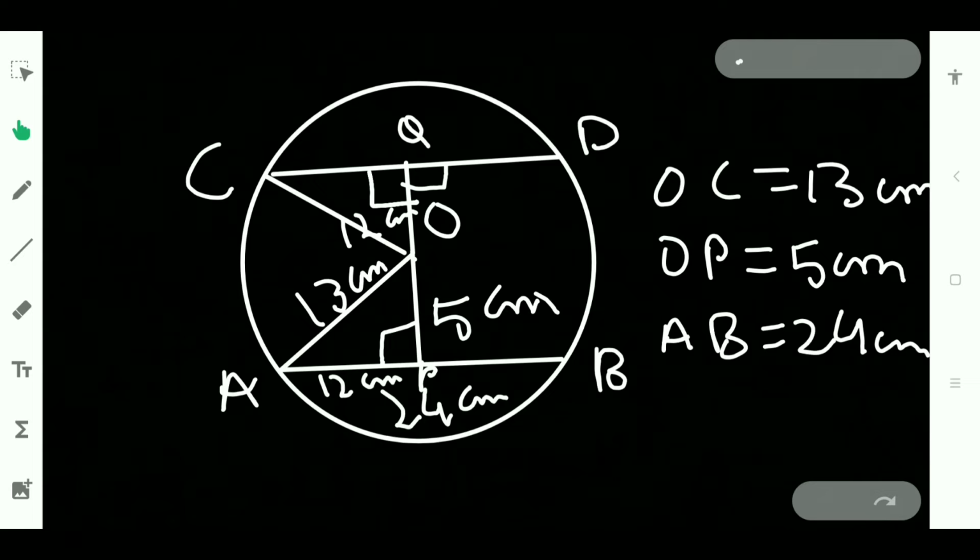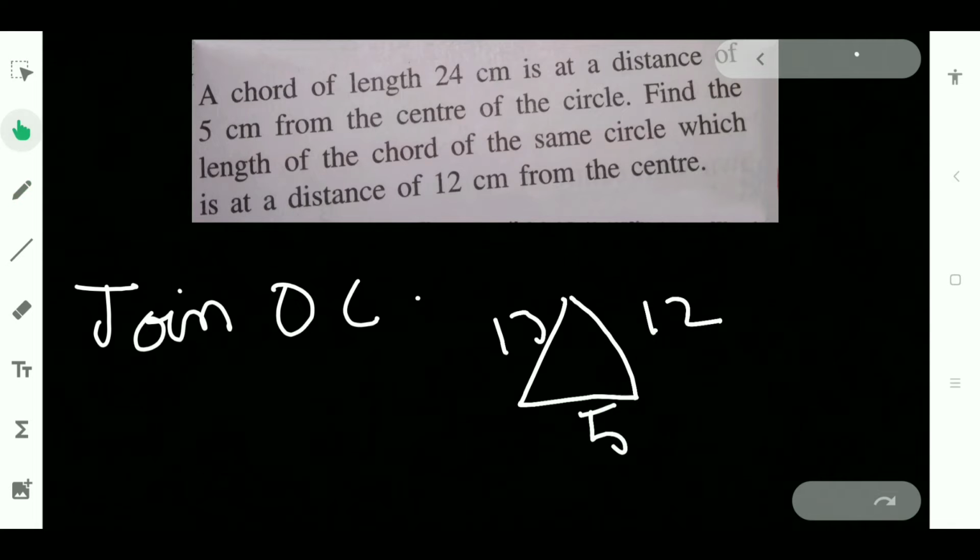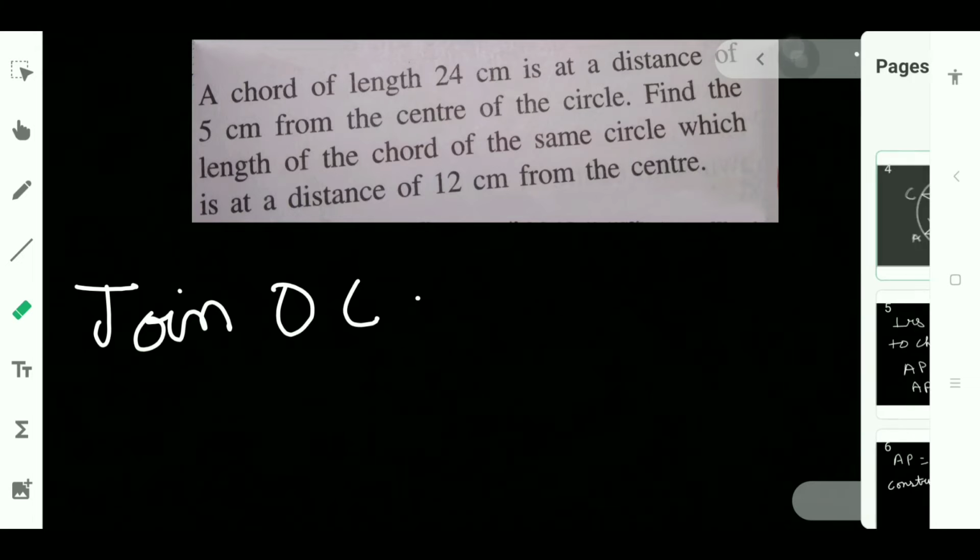Pythagorean triplets are nothing but the three lengths of a triangle. They will be constant. When a triangle is drawn, if this is 13, 12 and 5, they are known as Pythagorean triplets. That is, if any side is missing, we can find and we will be getting the exact root without any decimal.